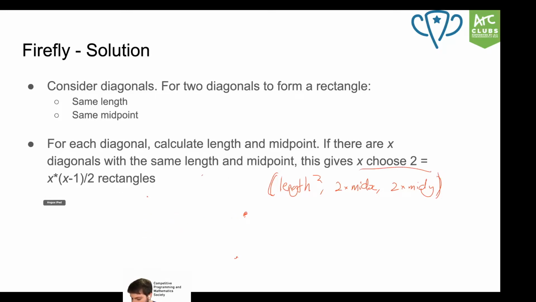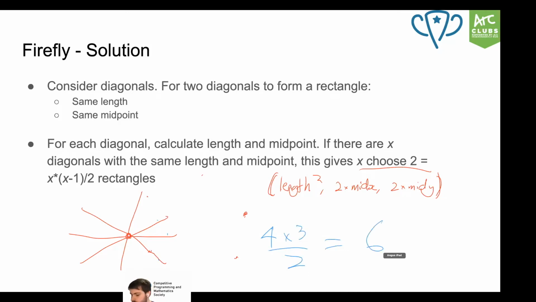As an example, if you have a diagonal like this, my drawings are bad, but imagine they all have the same length and they share a midpoint. Then in this case, we have 4 lines. This will give us 4 times 3 divided by 2 equals 6 different rectangles. This one, for example, will be one of them. So will this one, and there'll be a few other ones.